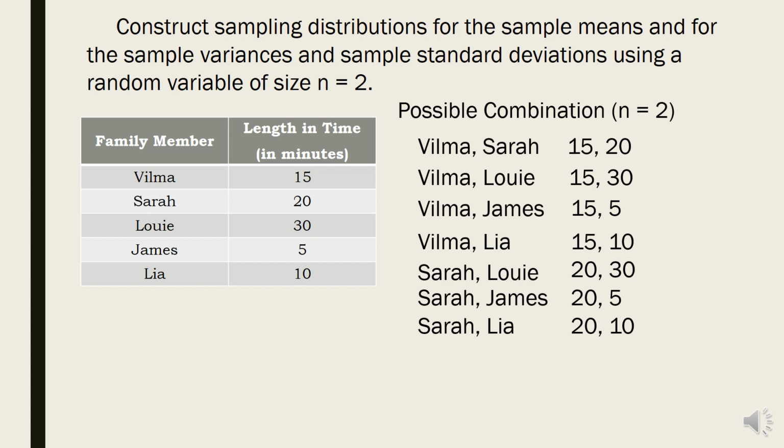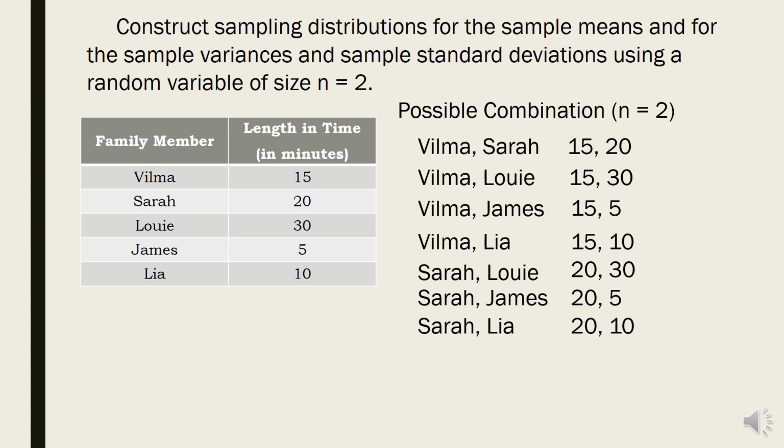Can we write Sarah, Vilma as our possible combination? At this time, since Vilma and Sarah already appeared, we will not write Sarah, Vilma, because they are exactly the same combination.